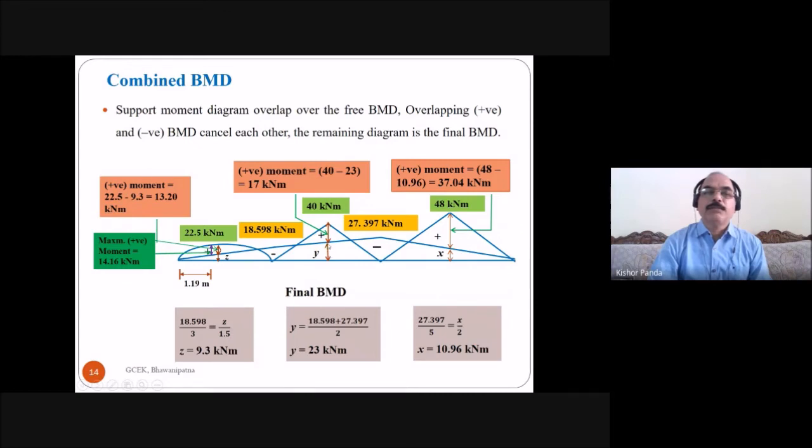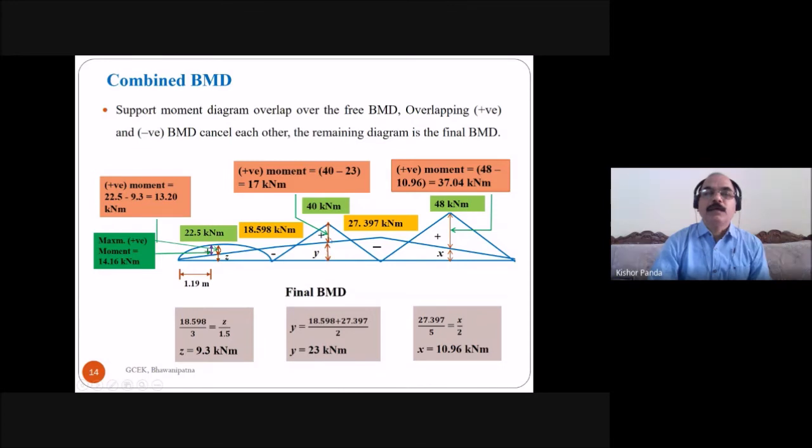But you have to find the value at the midpoint of the trapezium. So how will you find this one? You have to take the average of these two. Here y is equal to (18.598 plus 27.397) divided by 2. So y is equal to 23 kilonewton meter.